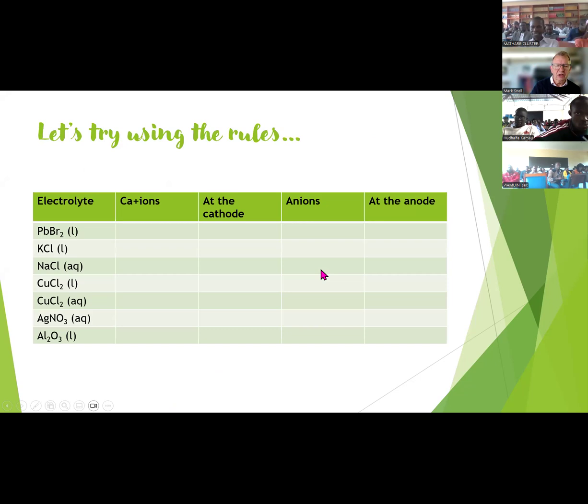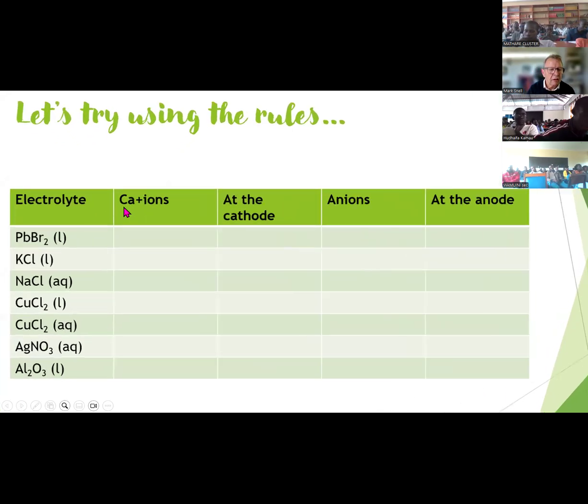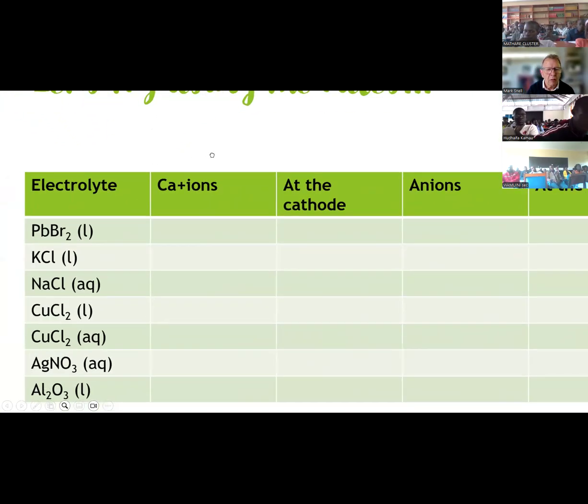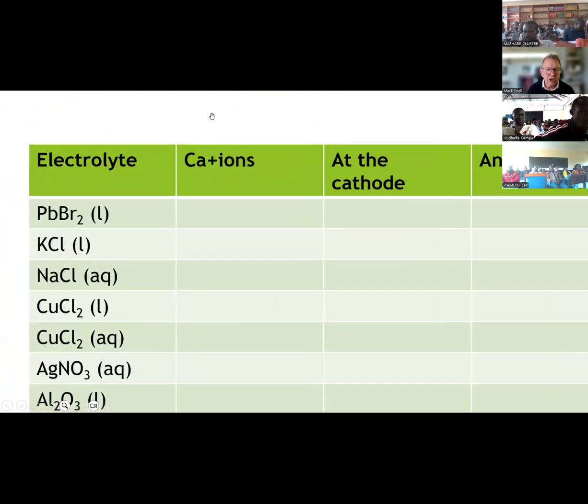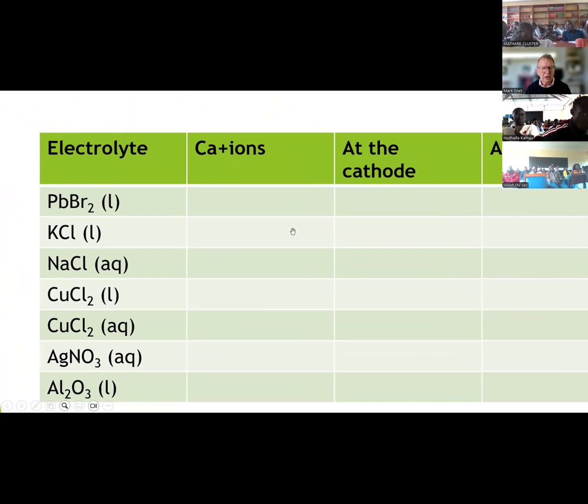So let's have a look at this. Here are some electrolytes. I'll try and make them a bit bigger. There they are. I hope they're a little bit bigger now. Just have a moment yourself to see if you can just confidently say what cations and anions, what will happen at the cathode and the anode.